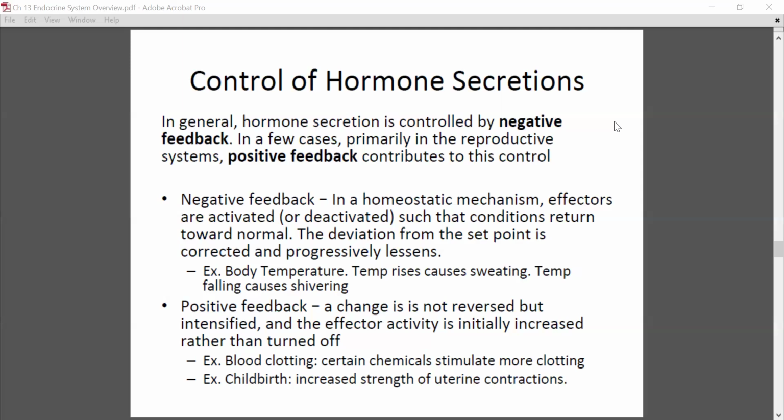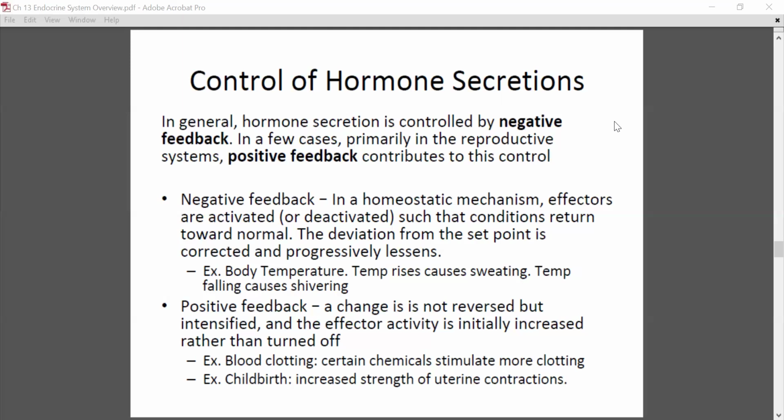The body maintains a certain range of sugar, or would like to maintain a certain range of sugar, inside of the bloodstream. When that level increases or decreases, the body will then try to correct it so that the level of sugar in the blood remains where we want it, in that optimal range.